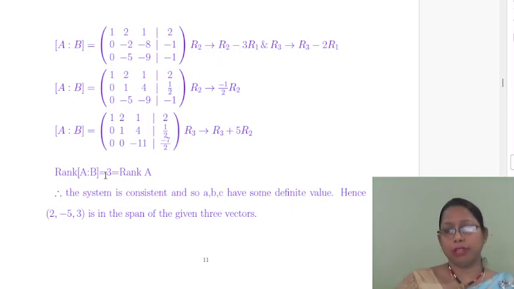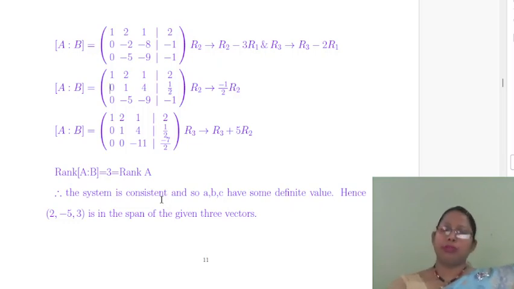The rank of the augmented matrix is 3, which is the rank of the coefficient matrix. Therefore, the system of equations is consistent. So, as the rank of the augmented matrix is equal to the rank of the coefficient matrix, hence (2, -5, 3) is in the span of the given 3 vectors.